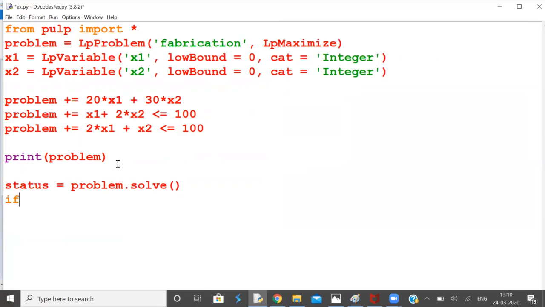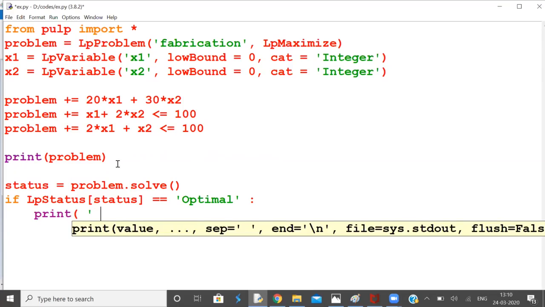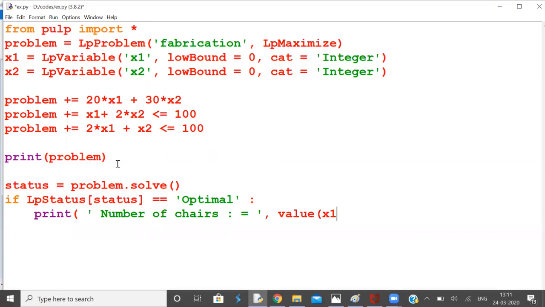Now, if the linear programming problem status is optimal, then print the results. First, number of chairs, which is x1, so value of x1.